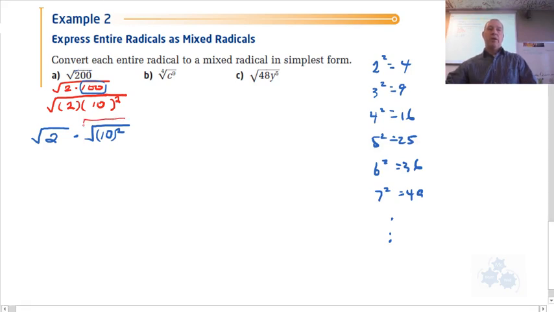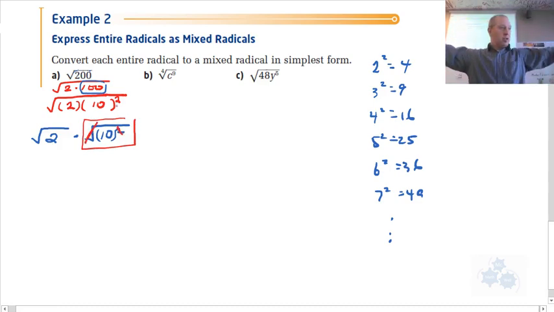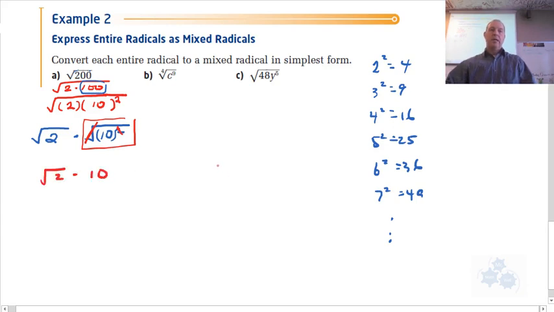Look at this. The square root of 10 squared. The square root and the square totally cancel each other out. So the square root of 100 is 10. So now I have root 2 times 10. We always put the integer part at the beginning and the radical part at the end, and that is your solution there.